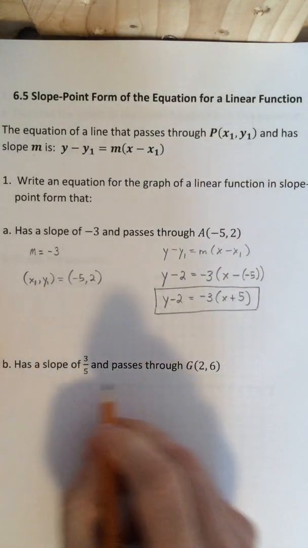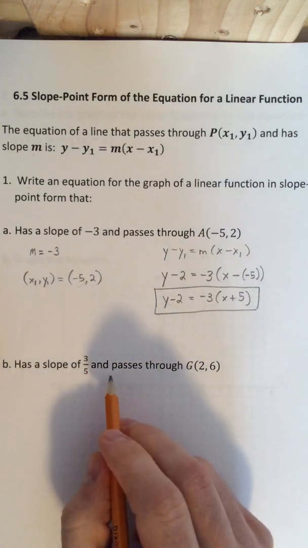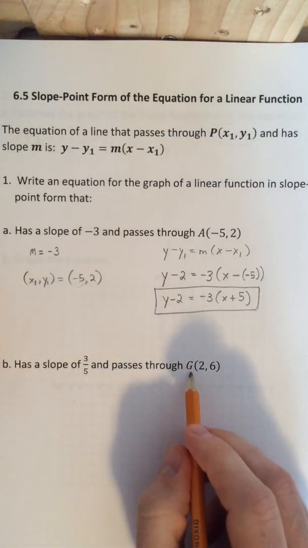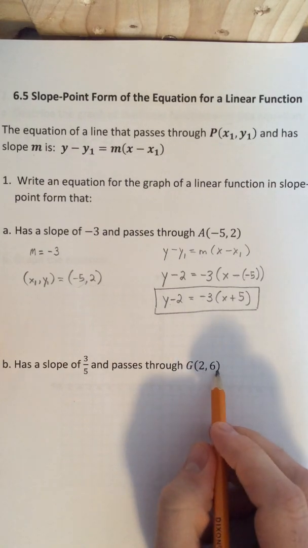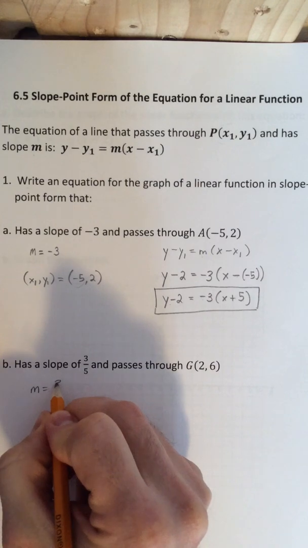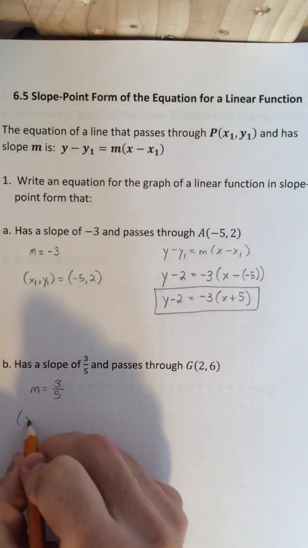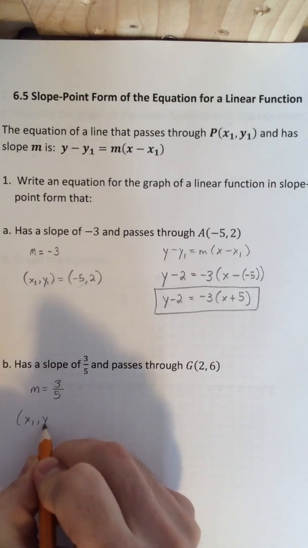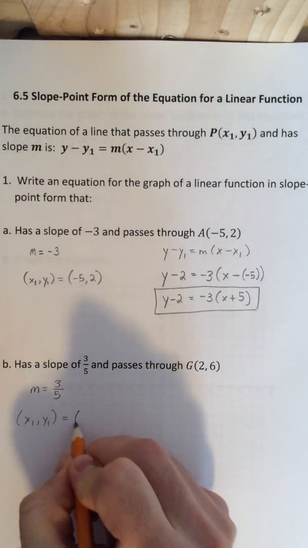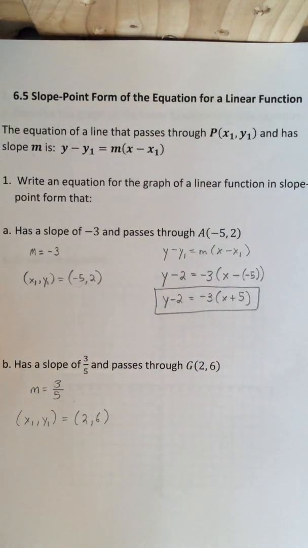If we look at another one that's similar, this one says has a slope of 3/5 and passes through the point G, which is (2, 6). So again, our slope for this problem is 3/5. The point G represents our x1 and y1 values, which are 2 for x1 and 6 for y1.